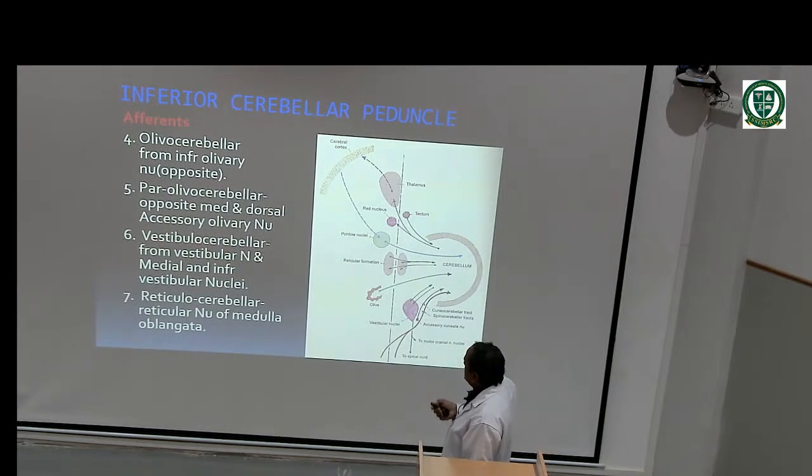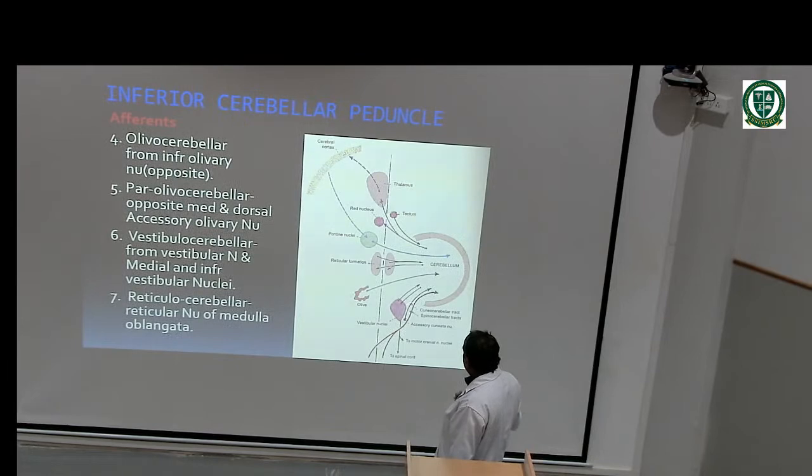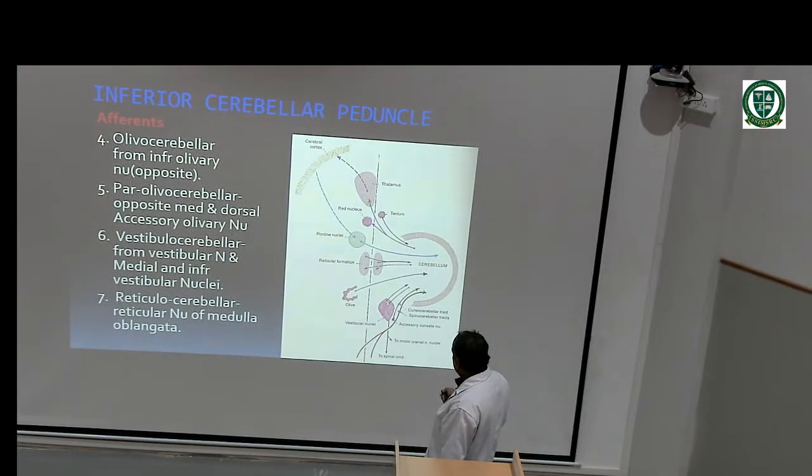Next, the sixth one is vestibulocerebellar fibers. From the vestibular nucleus, in this diagram, the fibers go to the cerebellum through the inferior cerebellar peduncle. They start from the vestibular nerve and the medial and inferior vestibular nuclei, and they end in the cerebellum.